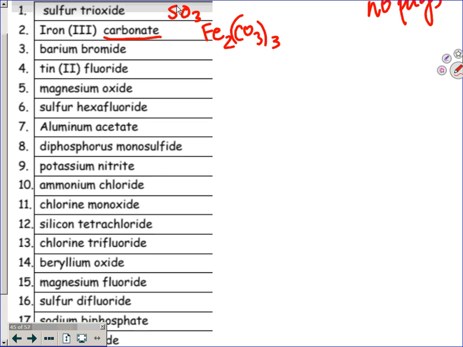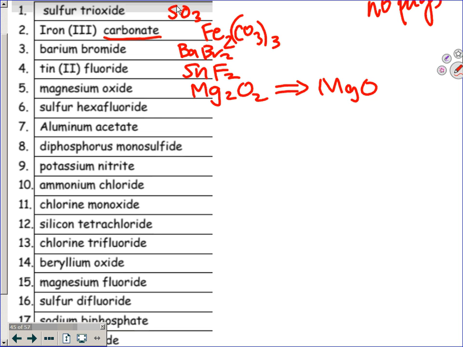Annabelle, barium bromide. Good. Anna, tin 2 fluoride. Good. Olivia's not here. Aaron, magnesium oxide. Okay, so we're reducing it to its empirical formula.